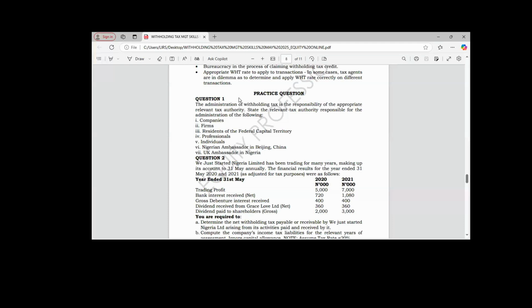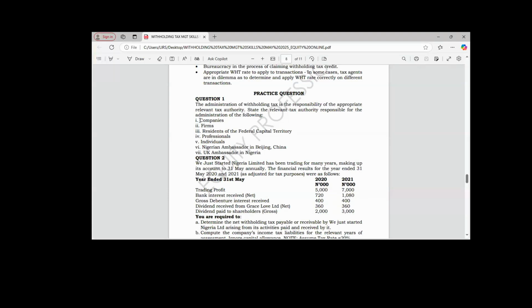I want us to respond to this question while I call them one after the other. Who is the tax authority responsible for the administration of companies? Which is the relevant tax authority for companies for withholding tax?